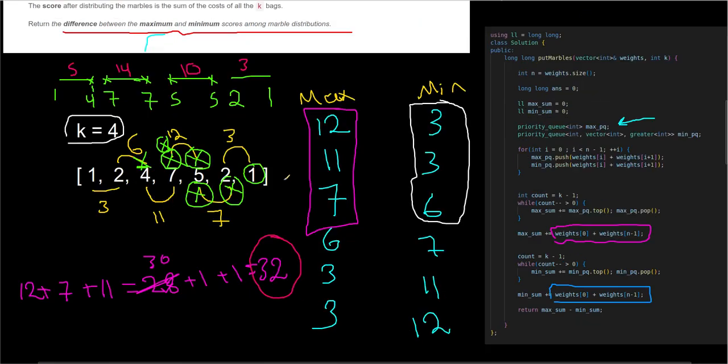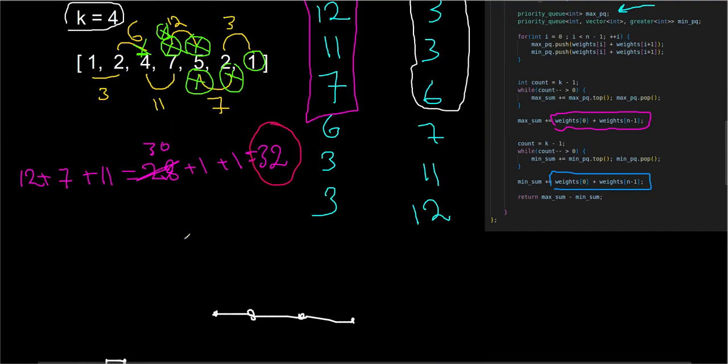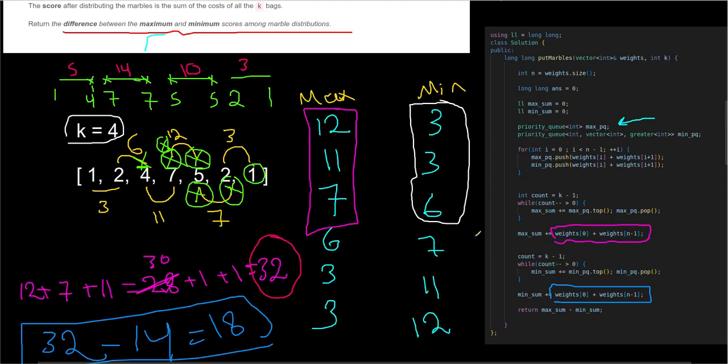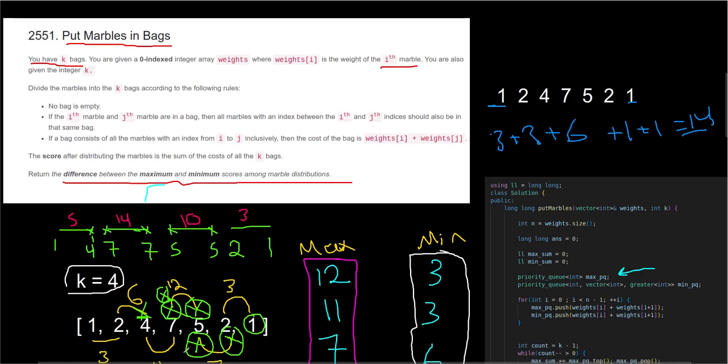So for max score we have 32, for min score we have 14, and the answer will be 32 minus 14, which equal 18. So this is the final result. And again, for this 14, how we make it, remember we have 4 bags, 4 segments.